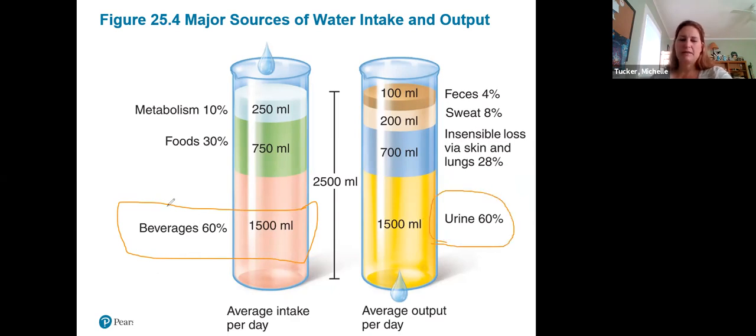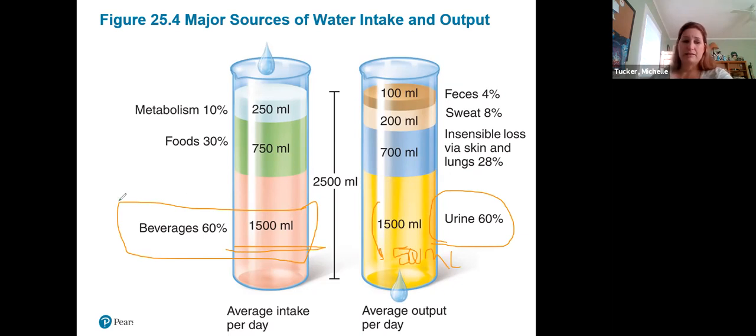So if we go out and we forget to take our water bottle with us, and we don't take in enough water, and we start to get dehydrated, we can decrease the urine amount to about 500 mils. So that liter that's left can be reabsorbed into the body to maintain plasma volume and osmolality.